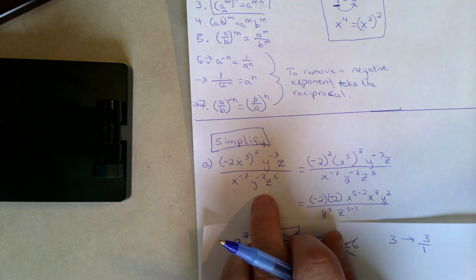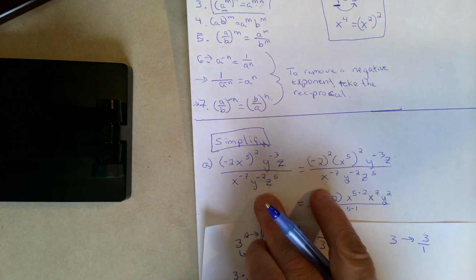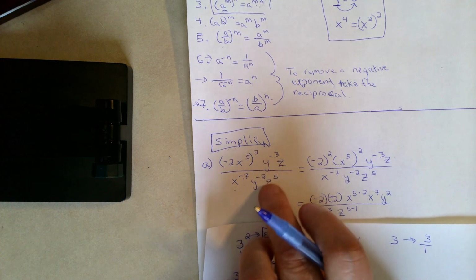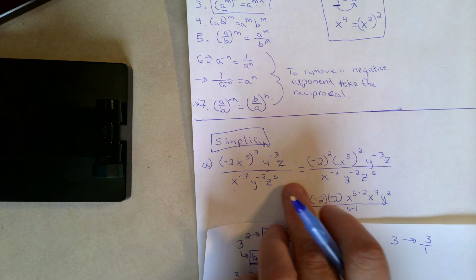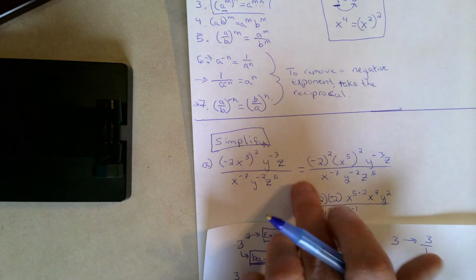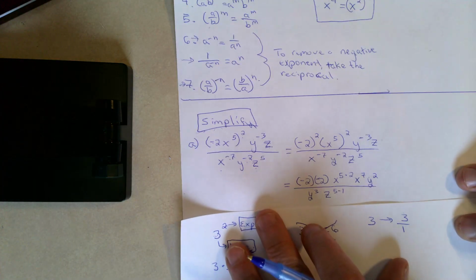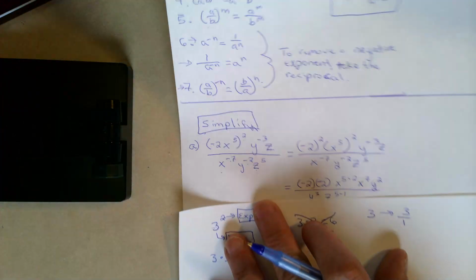Now, before I go on, the way I'm doing this is only one possible way. Because there's so many different multiplication problems going on, there's a lot of different ways. The thing is, the final answer needs to be the same, but we can do this in multiple ways.